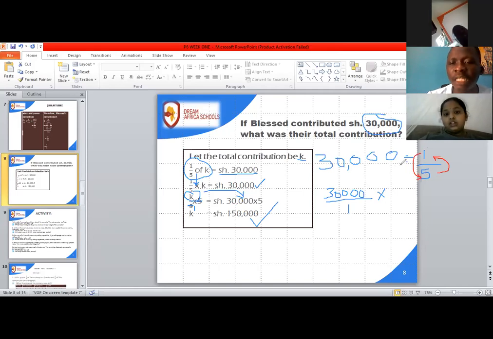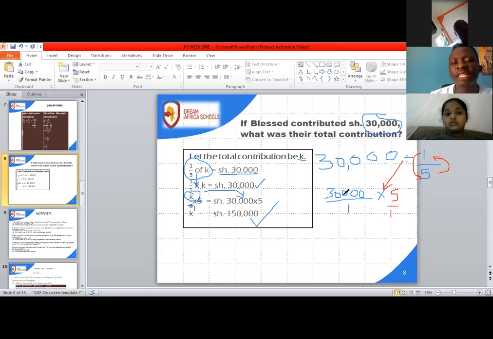That means after changing the division symbol to multiplication, we get the reciprocal of the fraction that comes after, and that will be 5 out of 1. You get it? Those who remember in primary 5, while they were teaching you fractions, they said while dividing fractions, the division symbol changes to multiplication, and we get the reciprocal of the fraction that comes after. That's the same steps we're using here.